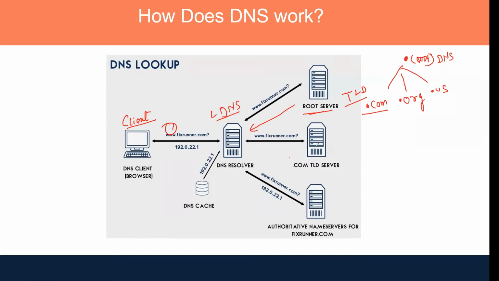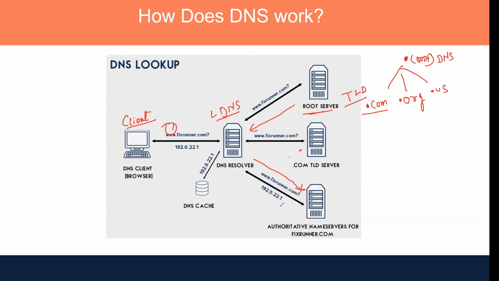Now the query would go to .com, and in .com there would be DNS servers registered. So .com would send the IP of the authoritative DNS server. Now the query would go to the authoritative DNS server, which contains the IP of fixrunner.com.